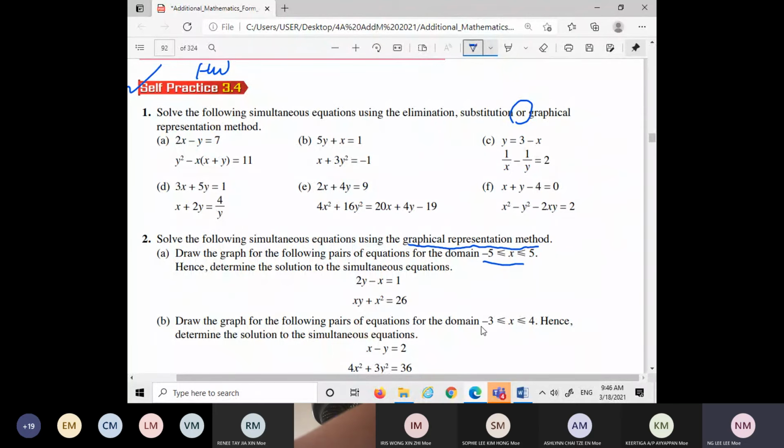You see, the domain is given, so you follow exactly the domain. So here in question number 1, I don't want to use the graph method. So for A you use substitution method, for B you use elimination method. Then for C until F, any method that you like. If you like substitution method, means C until F you do substitution method. But at least you try one in question B, the elimination method.